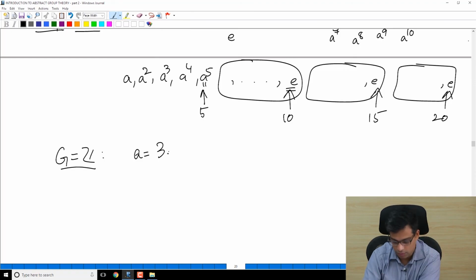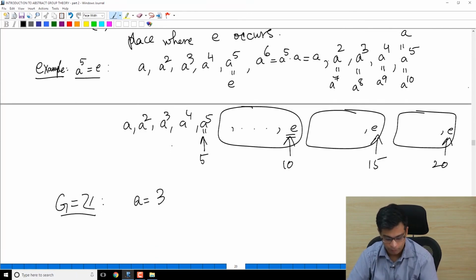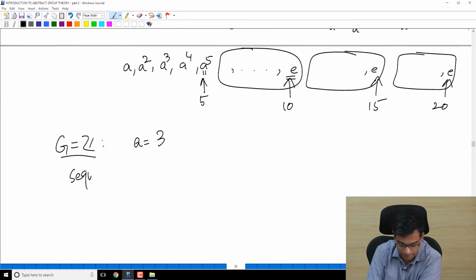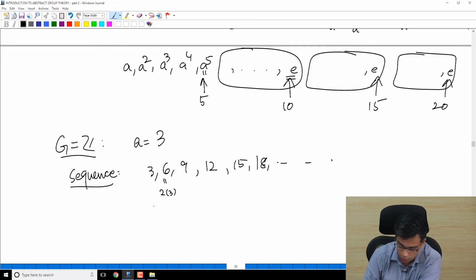Remember, in the general case we use the multiplicative notation, a squared, a cubed, but when we are dealing with integers we use additive notation. So the sequence will be 3, 6, twice 3, 9, 12, 15, 18 and so on. So we never encounter 0.